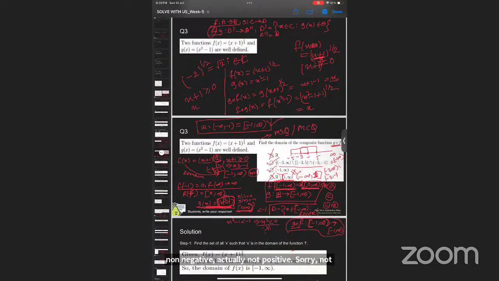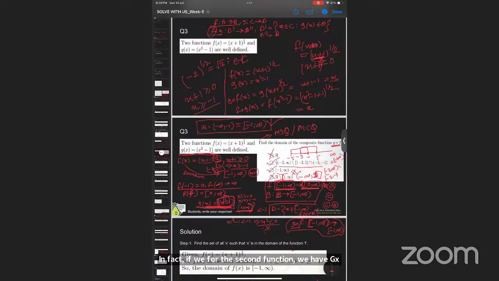So if x plus 1 is greater than or equal to 0, then x will be greater than or equal to -1, right? That means if x is greater than or equal to -1, then we don't have any problem with the image of this function. That is how we can check the domain of any function. And for the second function, we have g(x) equals x square minus 1.